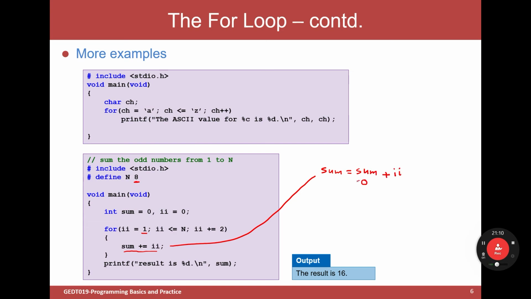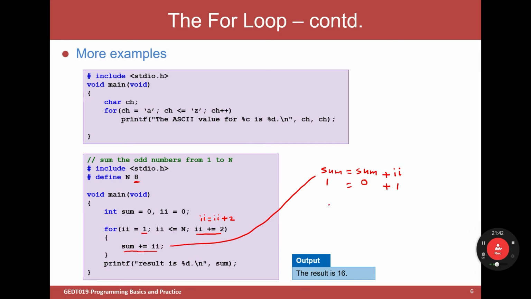The old sum is equal to 0, plus i, which is now equal to 1. So the new sum is equal to 1. And then now i equals i plus 2. This is the meaning of this one. Okay, so after this finishes, you execute the next iteration.